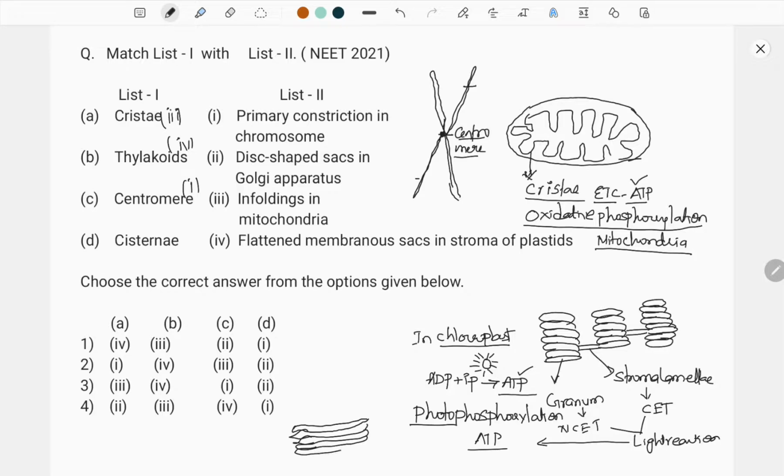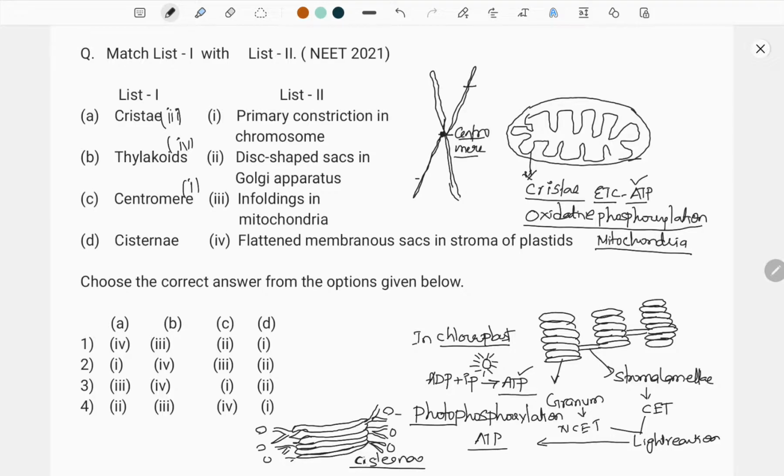And the cisternae on either side are associated with tubules like this. They are tubules. And further, they have some balloon-like structures. So this whole structure is called the cisternae.